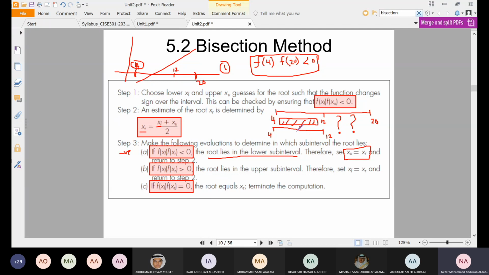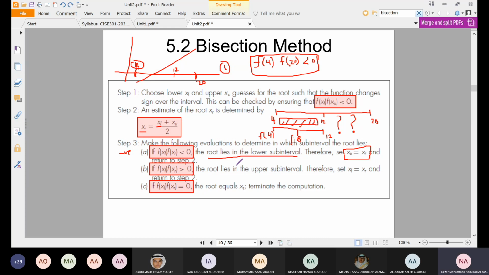Again, I compute the midpoint: 12 plus 4 is 16, and the midpoint is 8. Again, I will compute f of 4 multiplied by f of 8, and check whether it is less than or greater than 0.